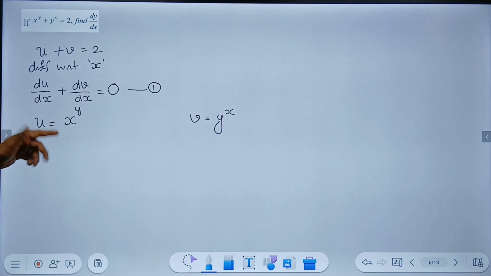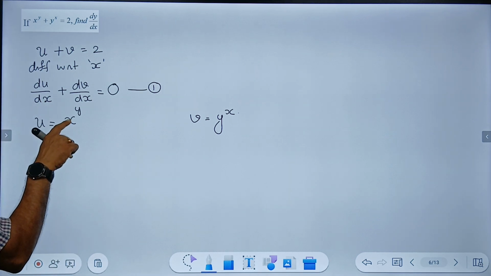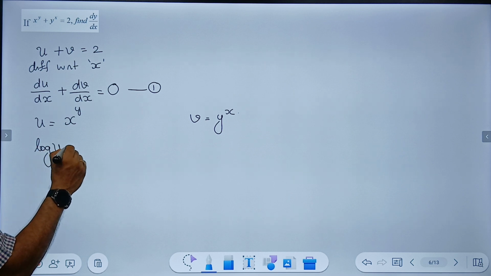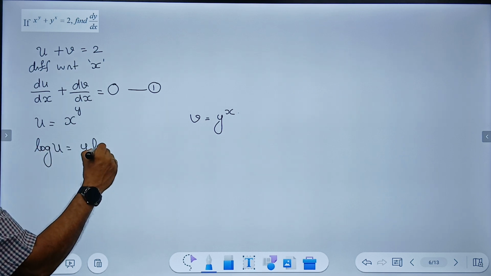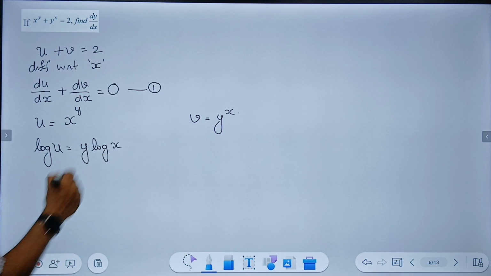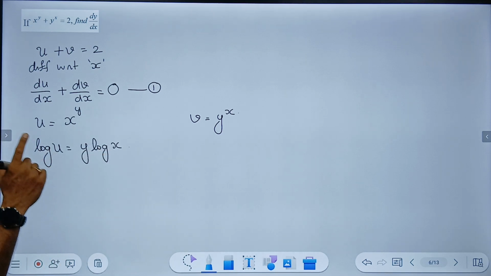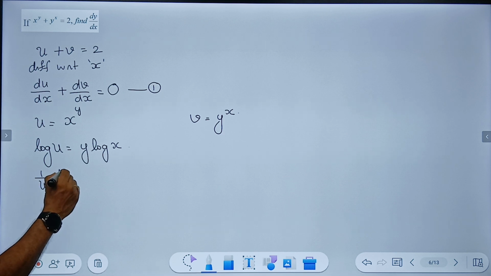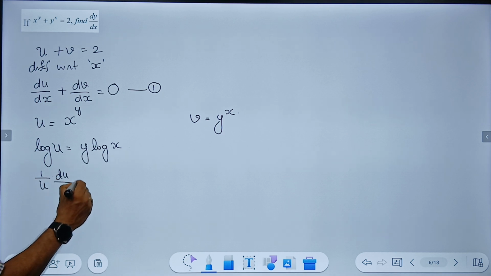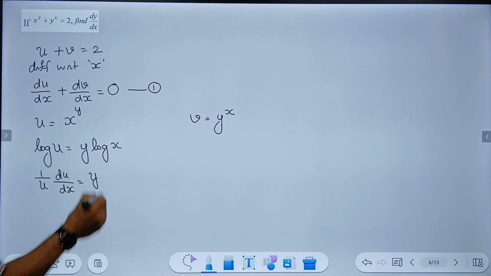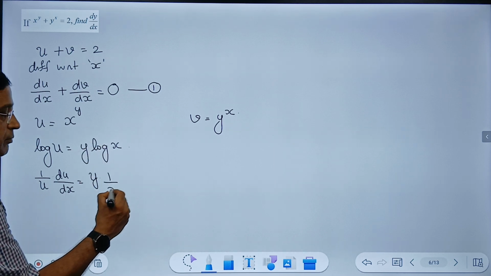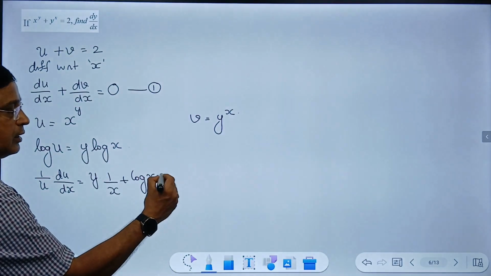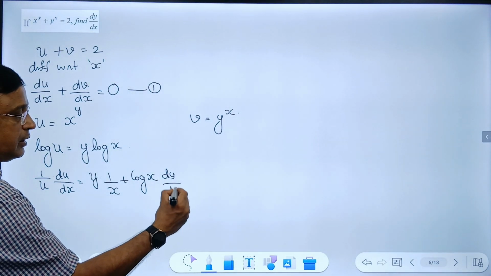Now how do I find du/dx? Variable raised to the power of variable, so take log on both sides. It's the same thing again and again. log u = y log x. Now differentiate with respect to x. Differentiation of log u will be 1/u du/dx equal to y into, what is the differentiation of log x? 1/x, plus log x into, what is the differentiation of y? dy/dx.